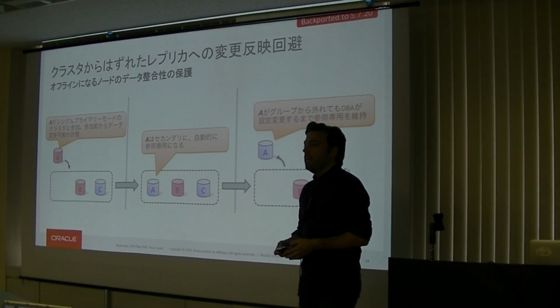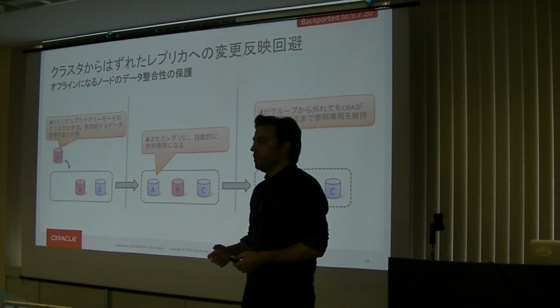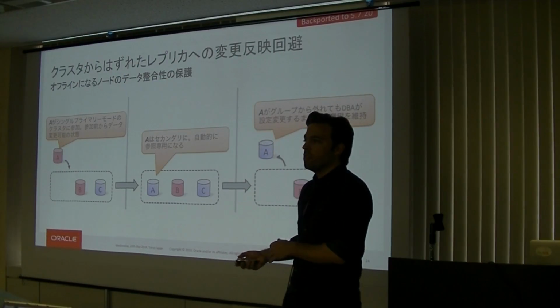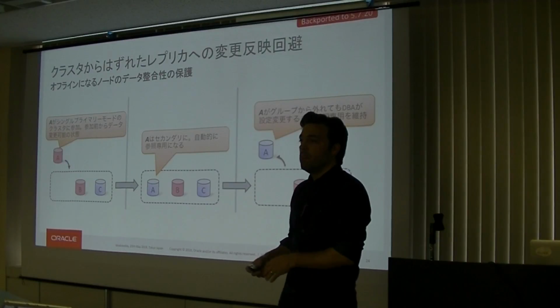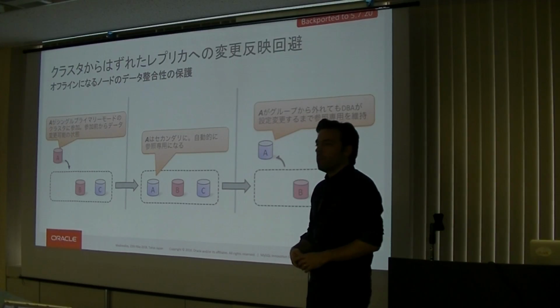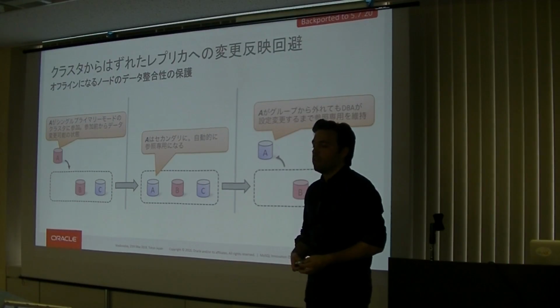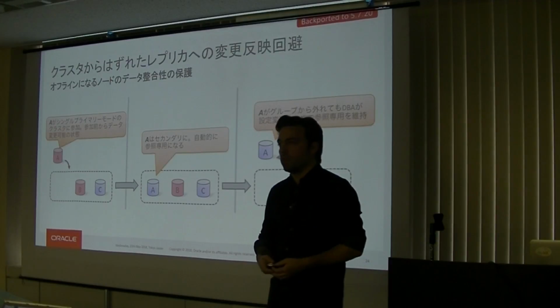In addition to that, if you stop group replication on a specific server, it gets disconnected from the group, and it will also automatically set itself to super read-only to prevent involuntary changes to the server.